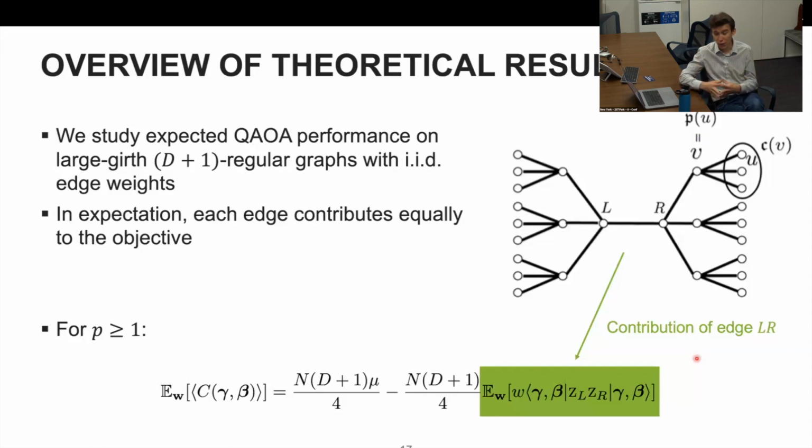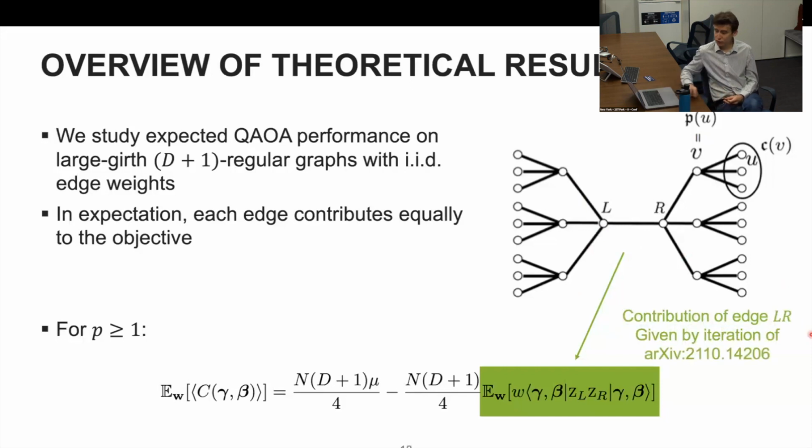Now, the graph is weighted, so each of these edges has a weight on it, but it works out so that if you take the expectation, all of these edges start looking the same as long as the edge weights are IID. And then for the contribution of each edge, we use the iteration from this paper of Joao Basso and Eddie Farhi and the other folks from the Google group, which derives this contribution in the unweighted case.